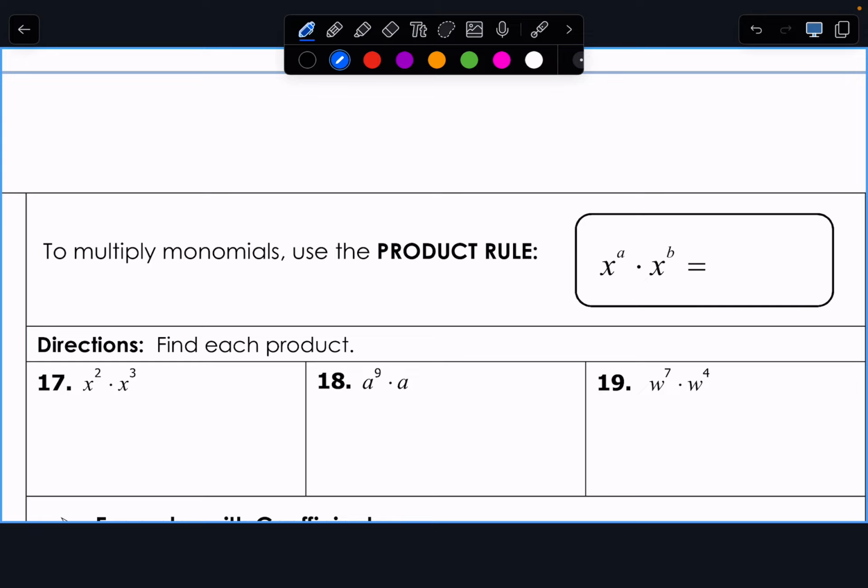If I have 2 cubed times 2 squared, I want you to think about what that would be.